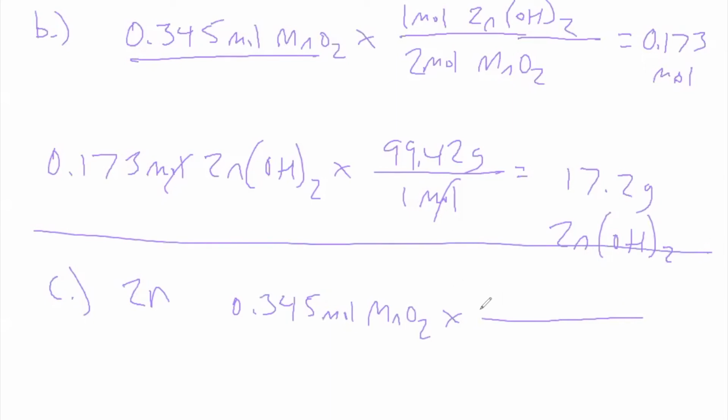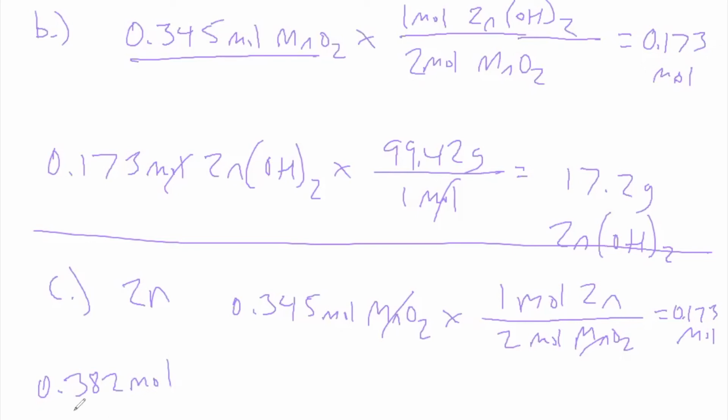So using the molar ratio we see in the equation, for every 1 mole of zinc, we need 2 moles of manganese dioxide. So that would give us 0.173 moles needed of zinc. Now, remember from part A, what we found is that we really have 0.382 moles of zinc available to us. That's what we started with.